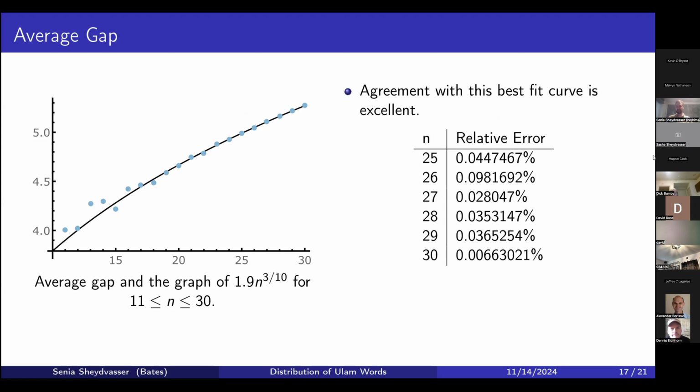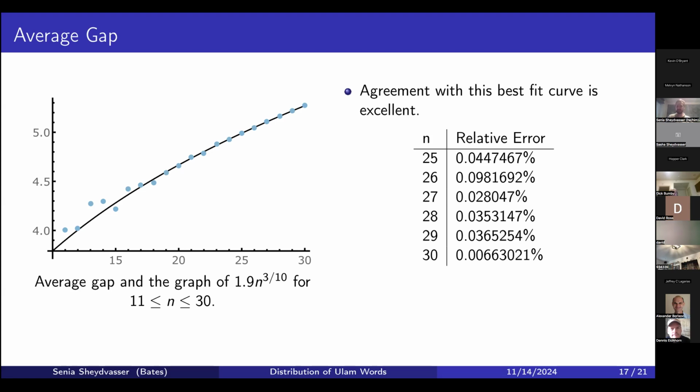So this is the table I have on the right. Once you're getting to words of length 25, your error is well below 0.1%. By the time you're hitting length 30, it's much less than that.